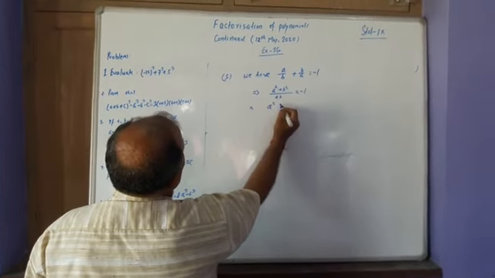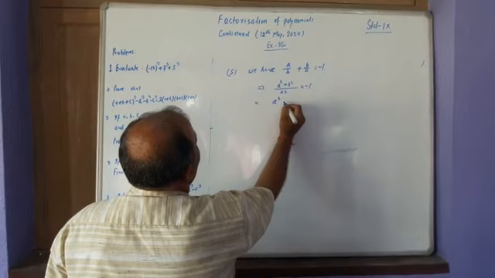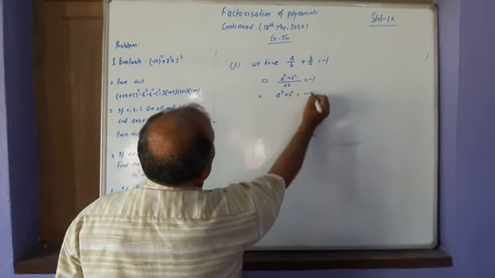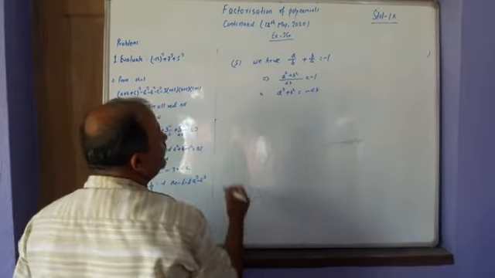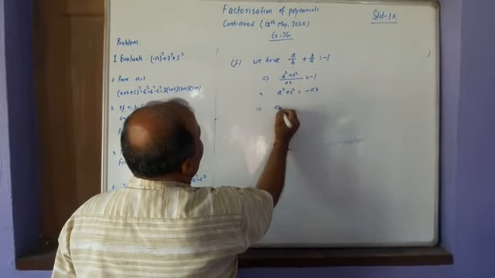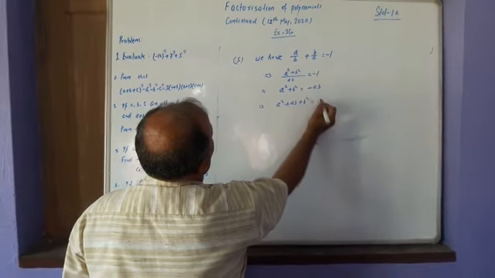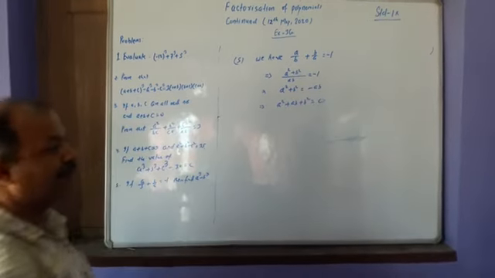This will give A square plus B square is equal to AB into minus 1. This will give minus AB, which implies A square plus AB plus B square is equal to 0.